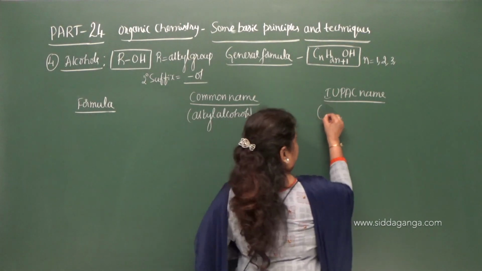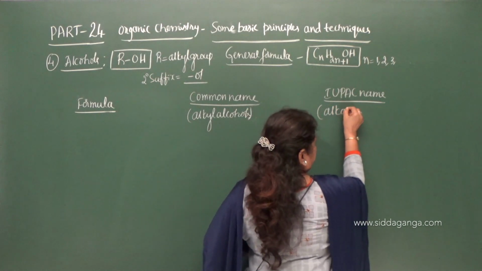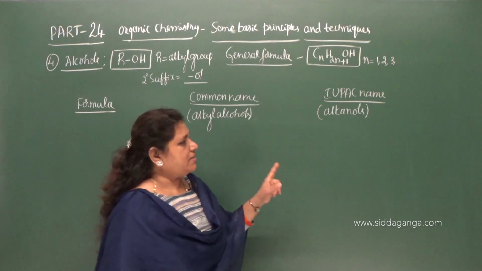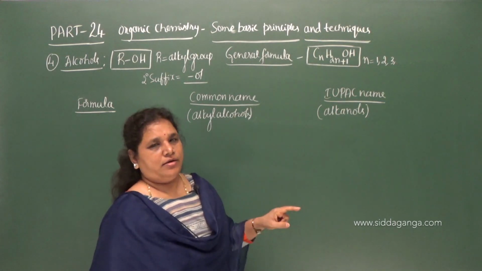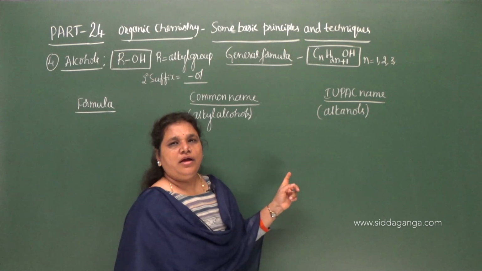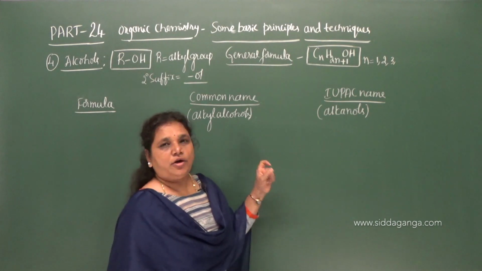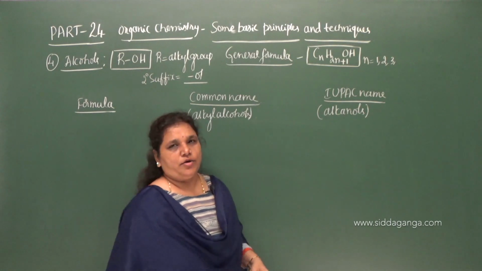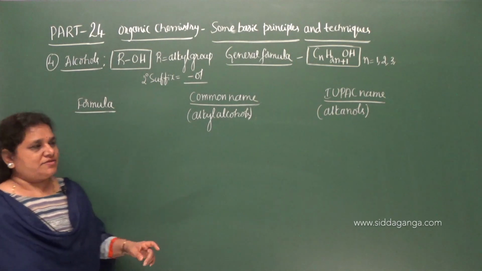Then the name becomes alkanols. So, while adding OL to the ANE, we need to drop the terminal E of ANE. Then it becomes alkanols.